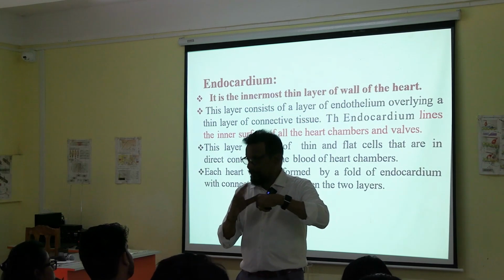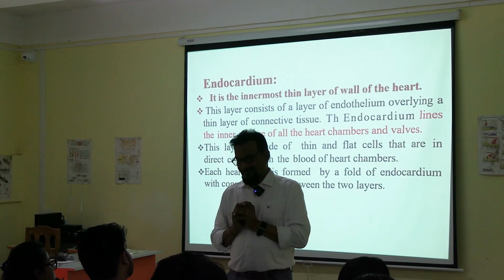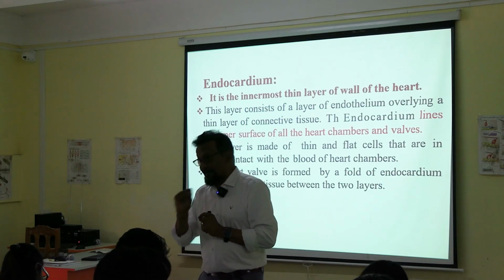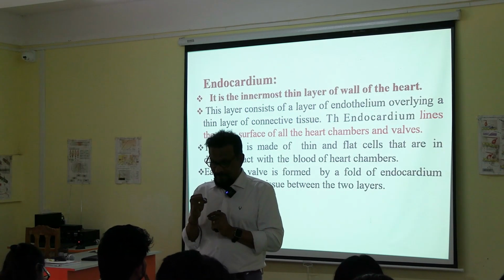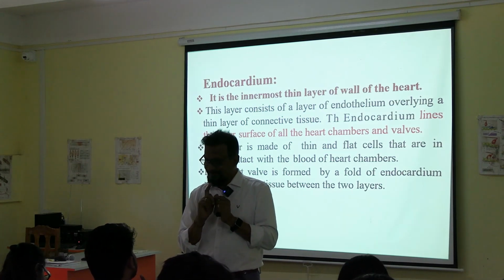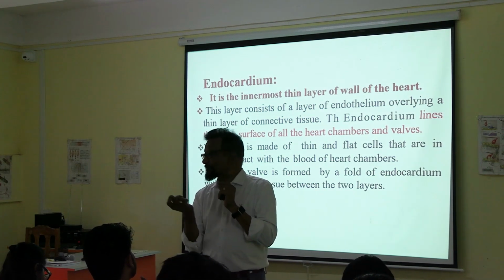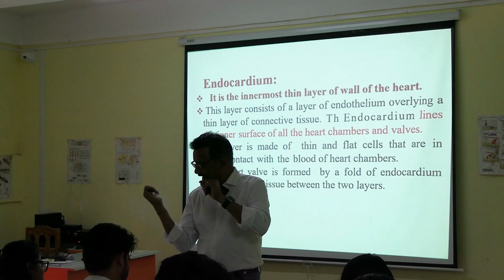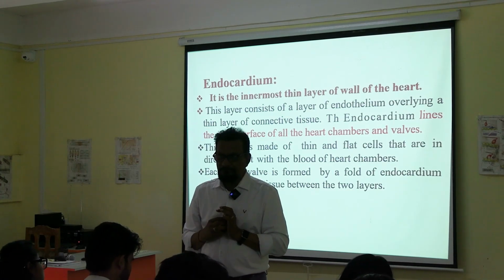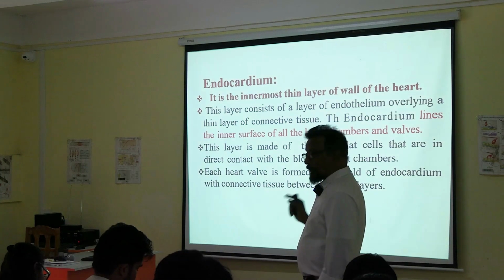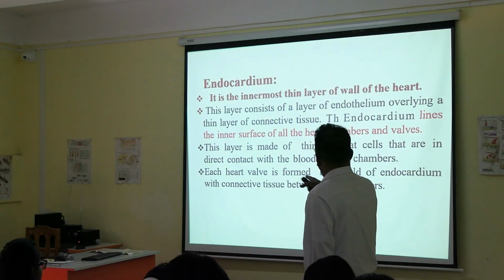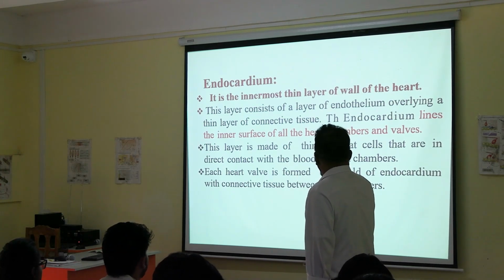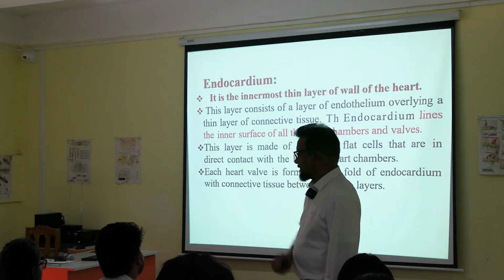All the valves are made of this sort of material. The connective tissue has to be strong, and the sides should be smooth, so epithelial tissue is on the top and bottom surfaces. Each heart valve is formed by a fold of endocardium with connective tissue between the 2 layers.